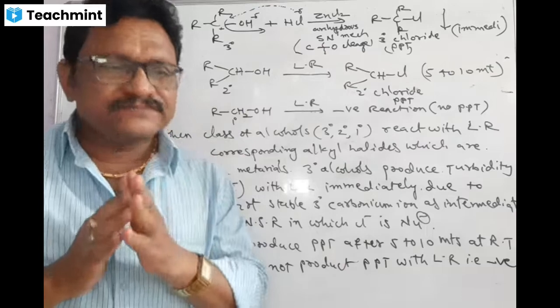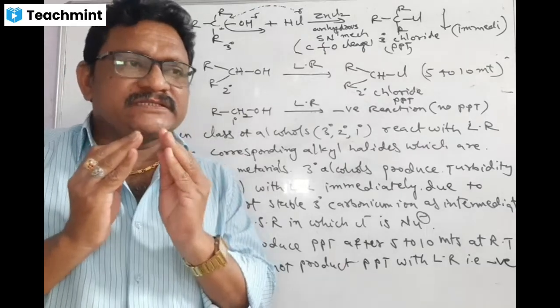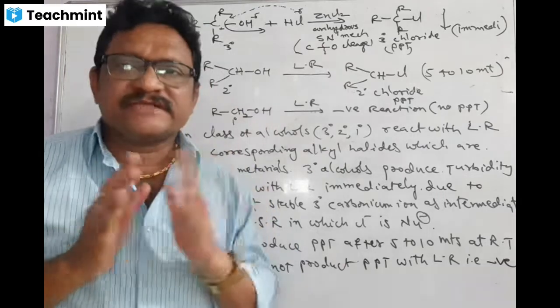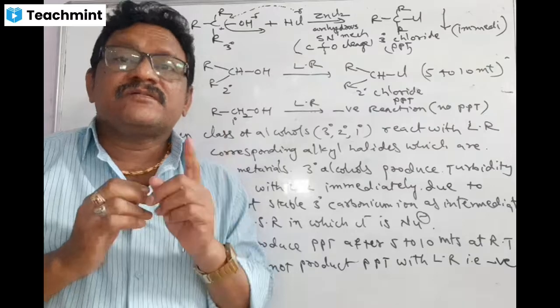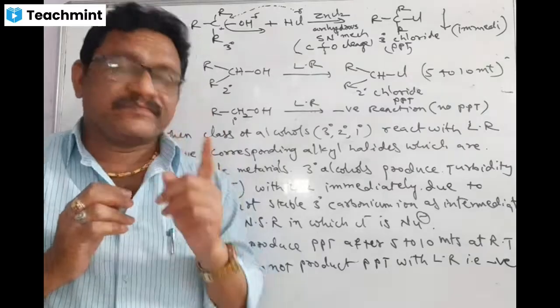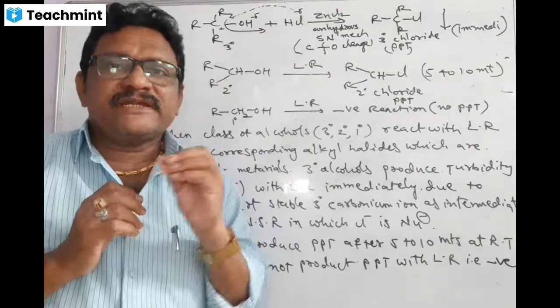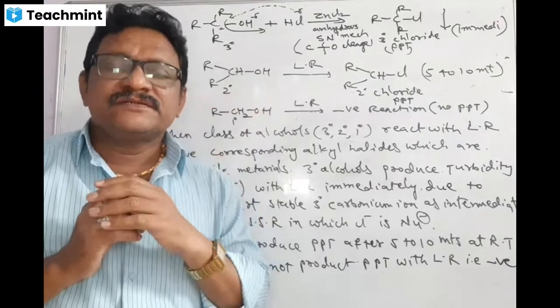Then the second one: the reaction with Lucas reagent is a nucleophilic substitution reaction. Here, chloride ion is acting as the nucleophile. That is the third point. Fourth point: ultimately the end products are alkyl halides.